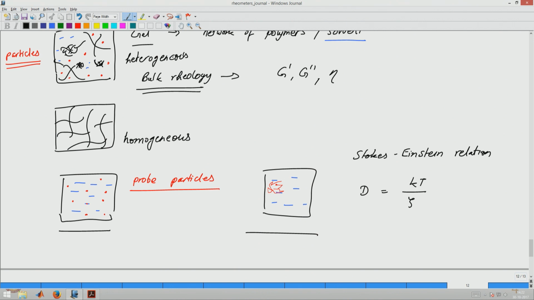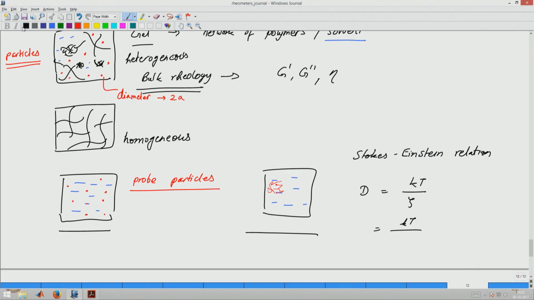Can you now try to guess what that friction coefficient would be? Given that we have already identified two parameters, I will write the size, let us say the diameter of the particle is 2a, where a is the radius.